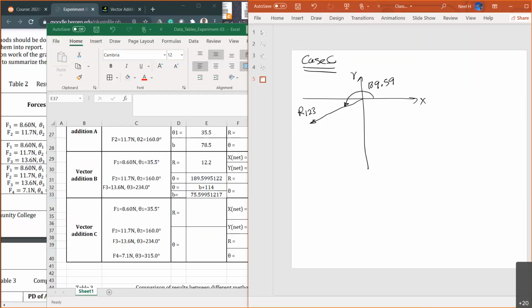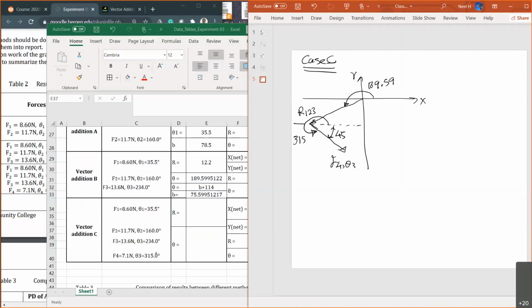Now the last vector I'm going to add from there, F4, 7.1 at 315, which we can add from there now. Now this is F4 and then theta 3. Theta 3 is what you are measuring from here. This total angle is 315. This part right here is actually 45.